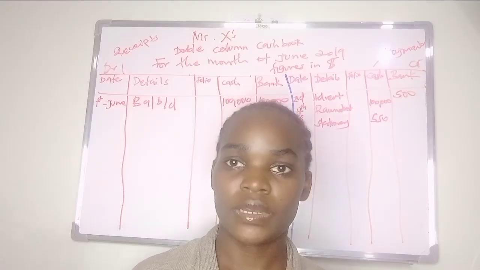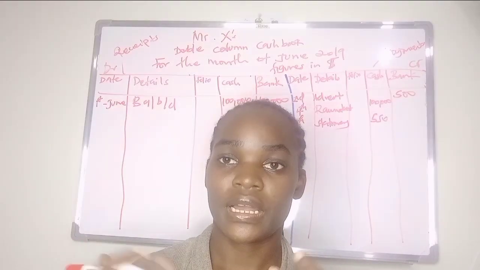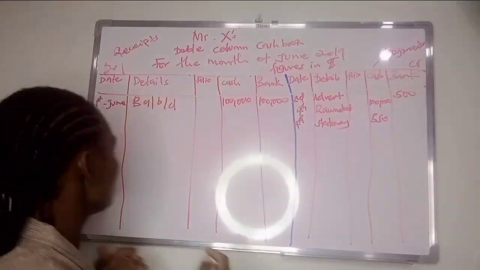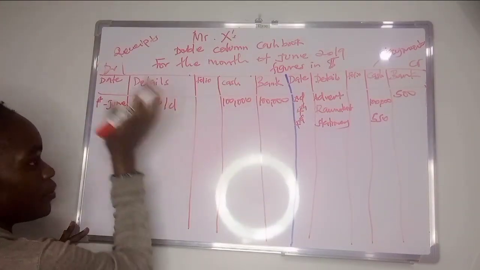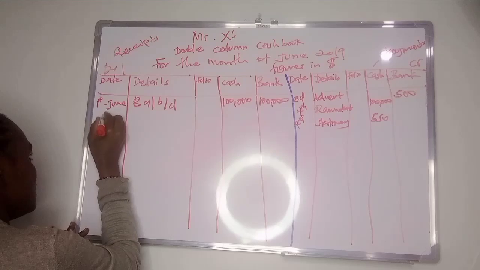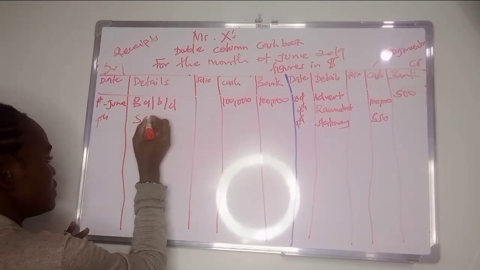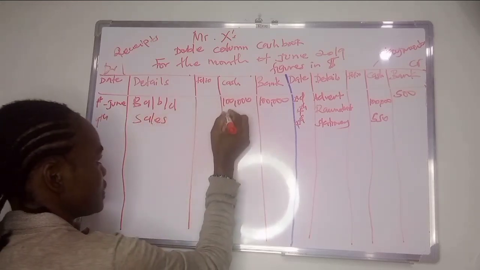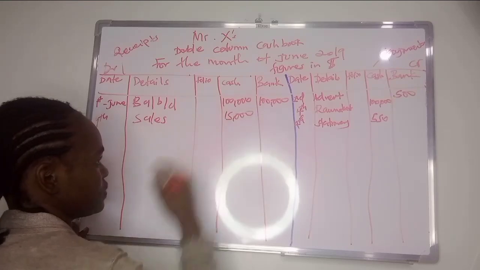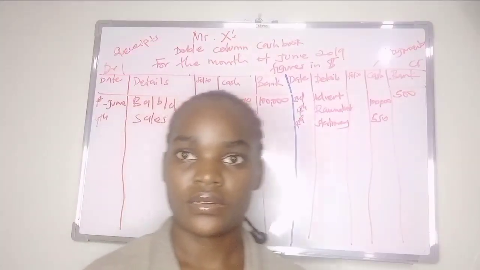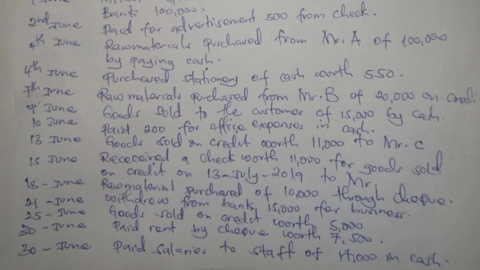So sales we made and we are getting money. So we record it on the debit side, sales, under cash 15,000.